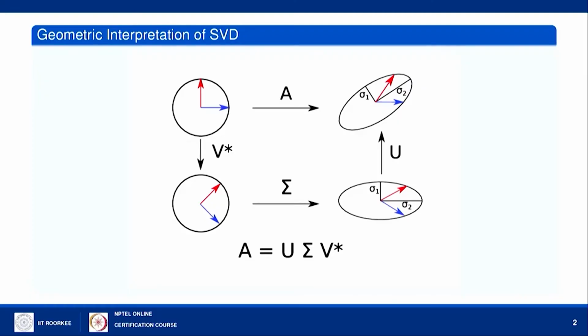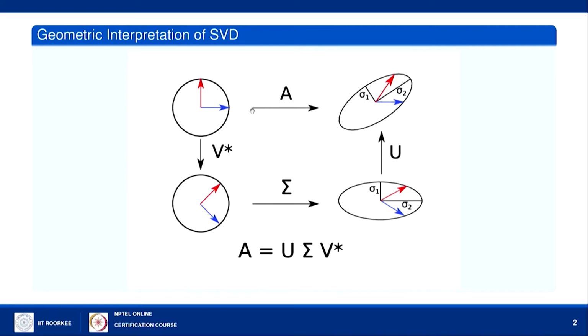First, let us understand the geometrical interpretation of singular value decomposition. Suppose I have a unit circle and two vectors, one blue and another red.